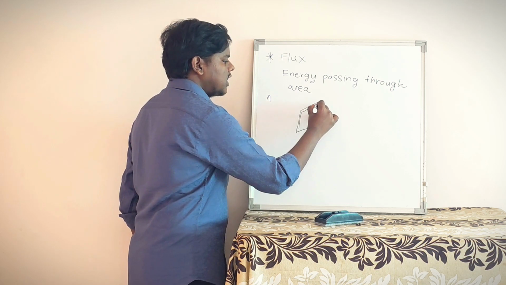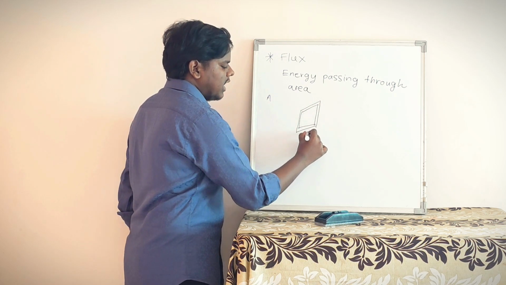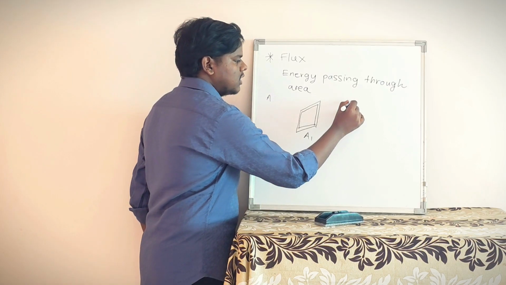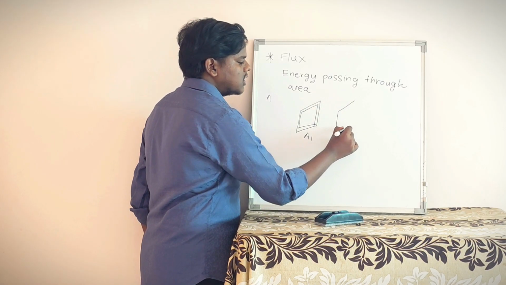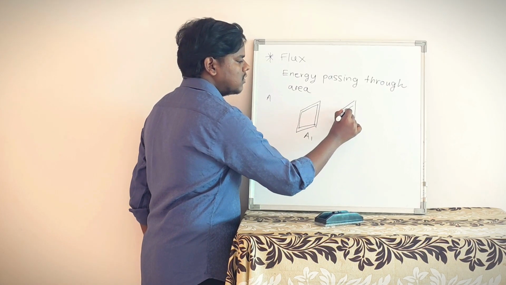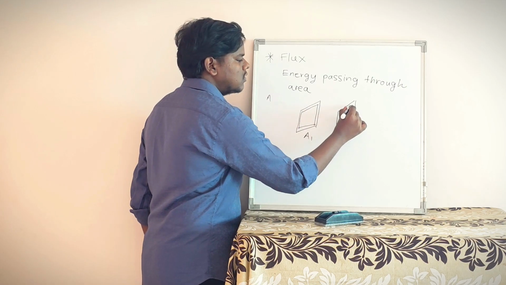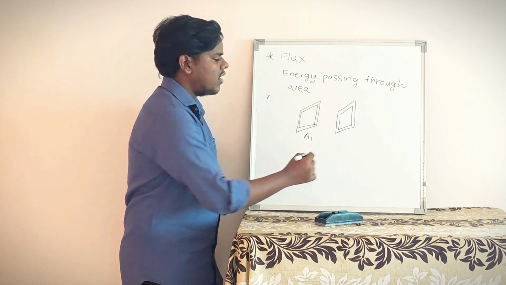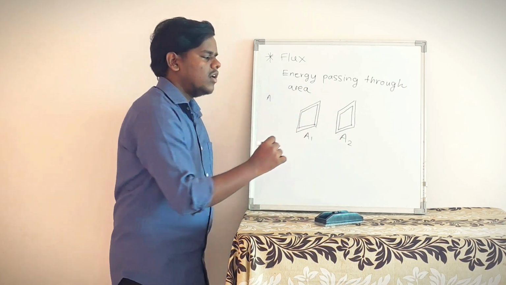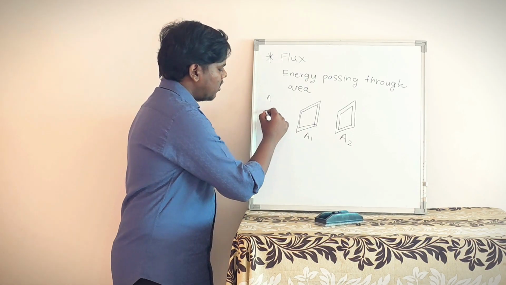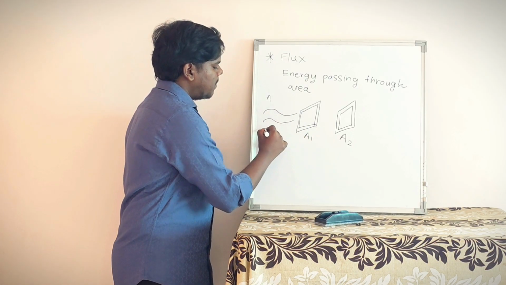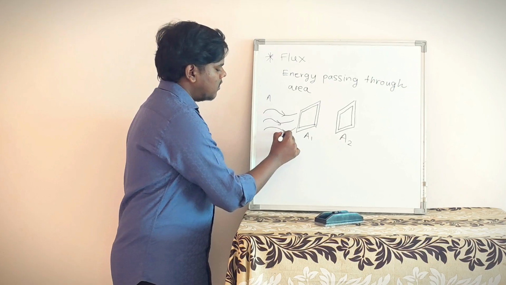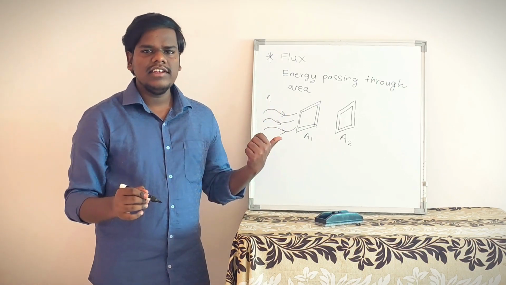this is one object with area A1, this is another object with area A2. Let's say water is flowing in this direction.